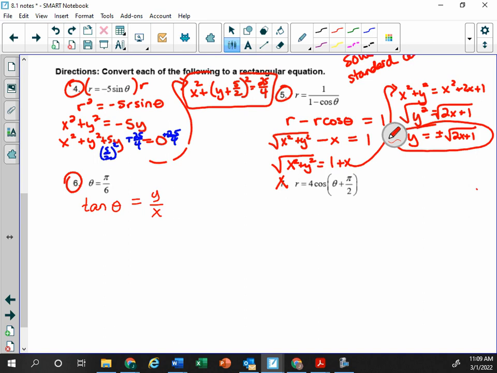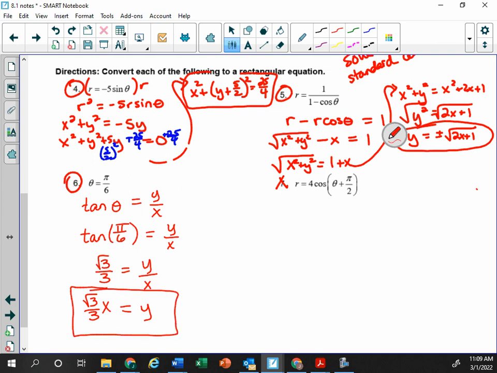I know the theta is pi over 6, so I can substitute that in. So I've got tangent of pi over 6 equals y over x. What is the tangent of pi over 6? And if I wanted to solve this equation for y, root 3 over 3 x is equal to y. That is converted to rectangular.